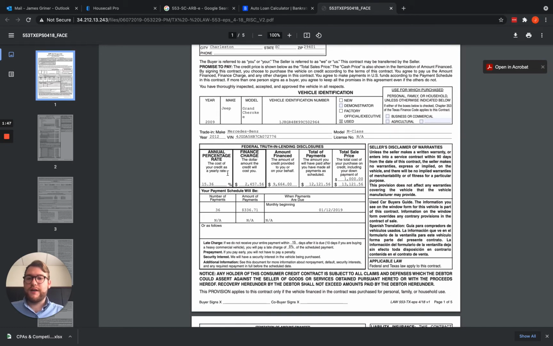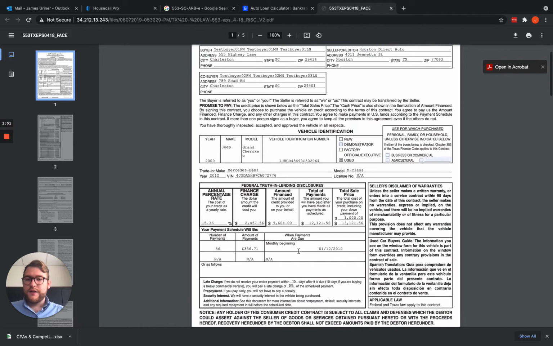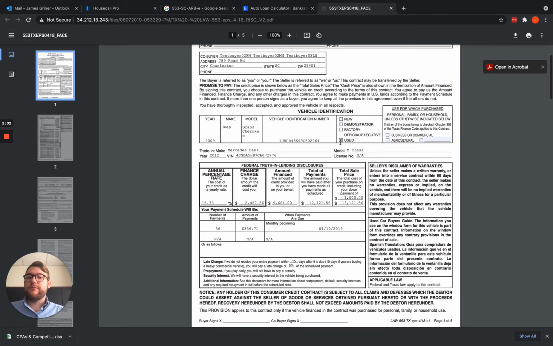We should have all of these details. Yes, it is going to tell us the make, model, and year of the vehicle that you're buying. That's all important so that we can put it in for depreciation. But that's a different story. We're not talking about depreciation today. We're talking about amortization of interest in a loan.